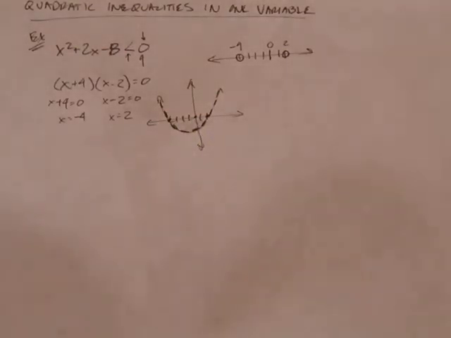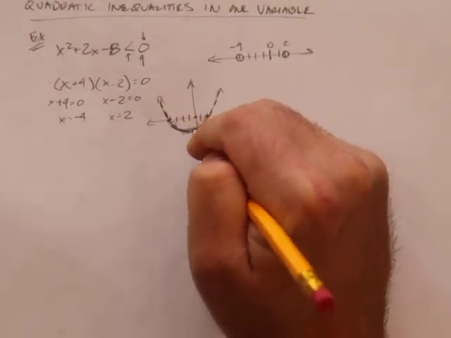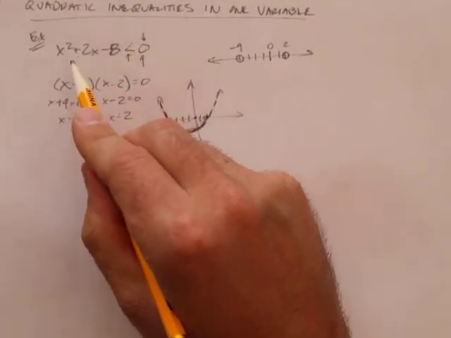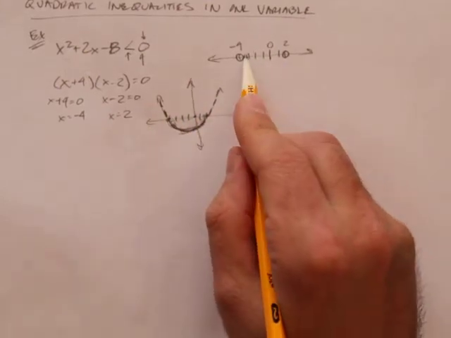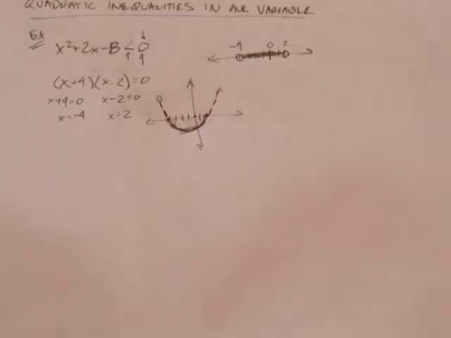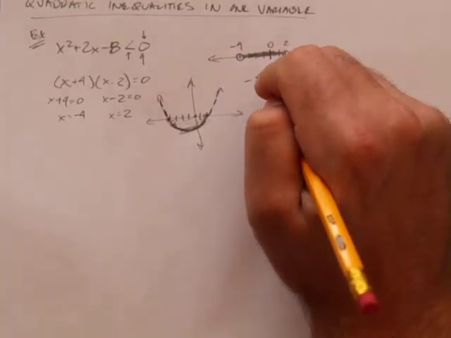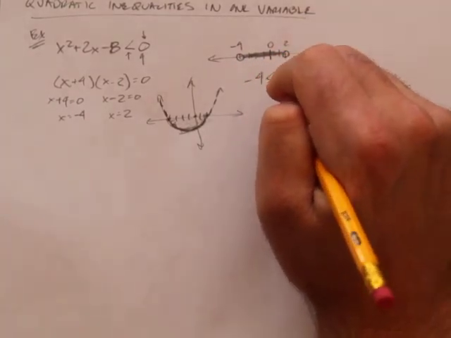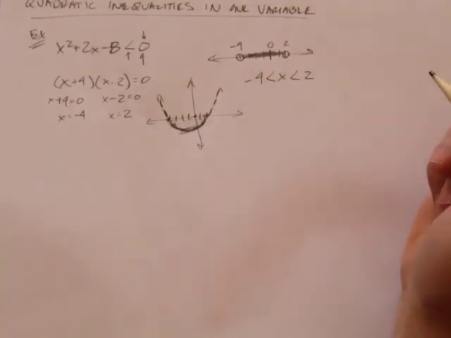So this part is the part that satisfies this inequality. If I was to graph this, I would go from negative 4 to 2, like that. So that's how you graph this, and the solution would say negative 4 is less than x is less than 2.